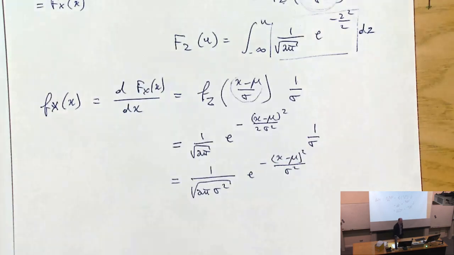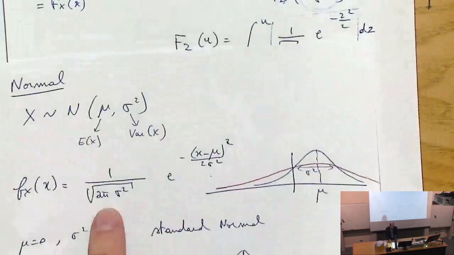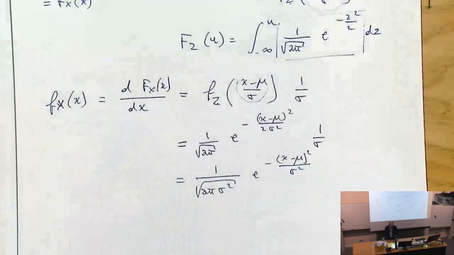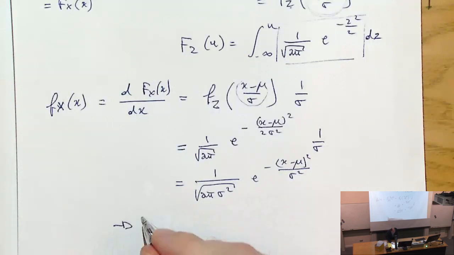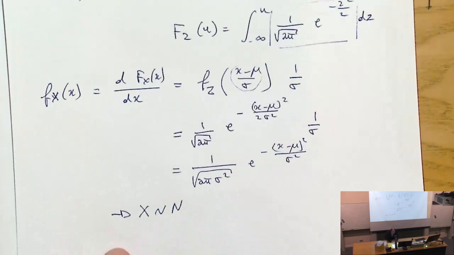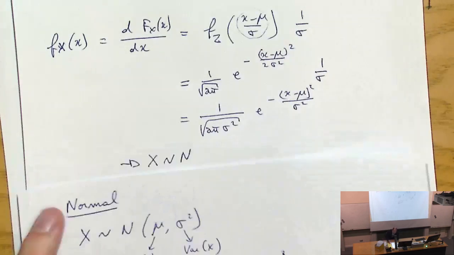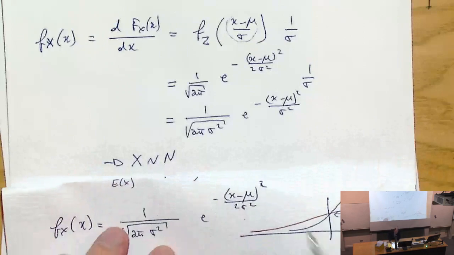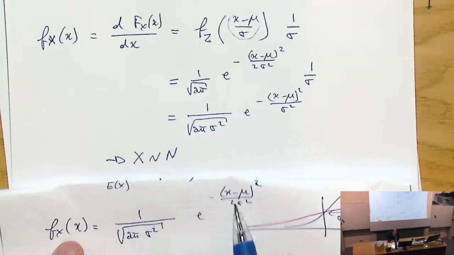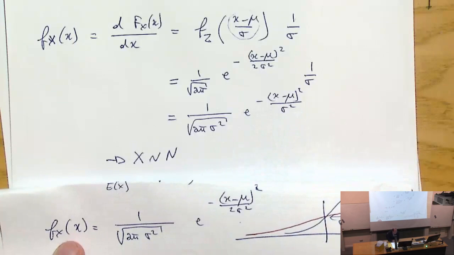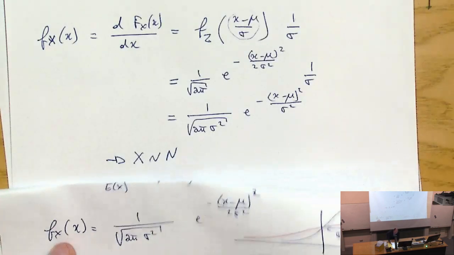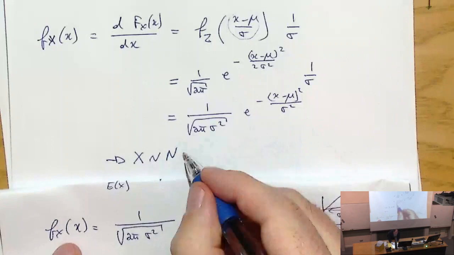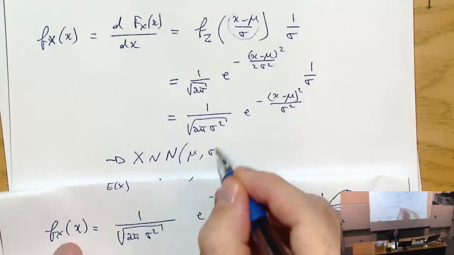What is that? That's the PDF of what? If you compare to what you had here, that was the definition of the PDF of a normal random variable. If you compare this to this, it's the same. So that means actually x is normally distributed with mean mu and variance sigma squared.